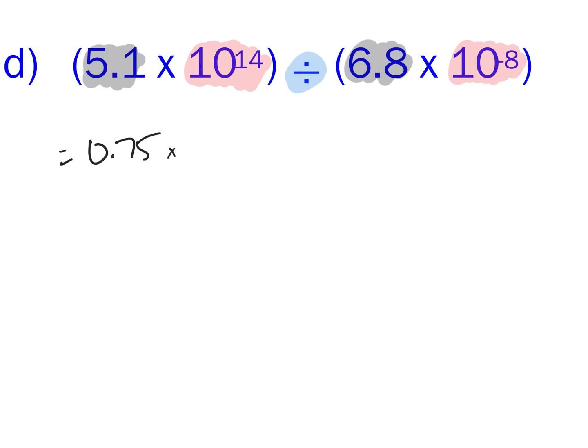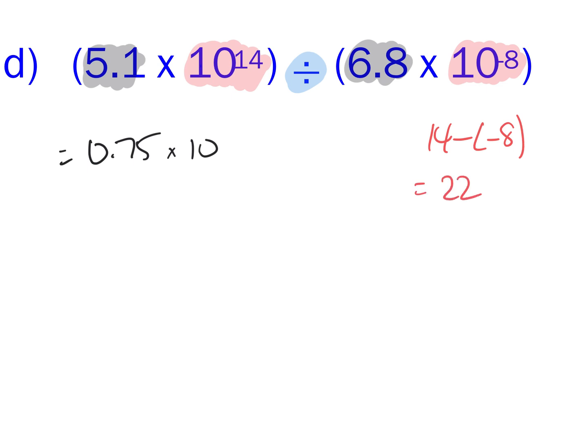Now, it's going to be times 10 to the something. To figure out the something, because we're dividing, you're subtracting the exponents. The first exponent's a 14, the second exponent's -8. What do you get when you subtract those exponents? 22. 14 minus -8 is 22.